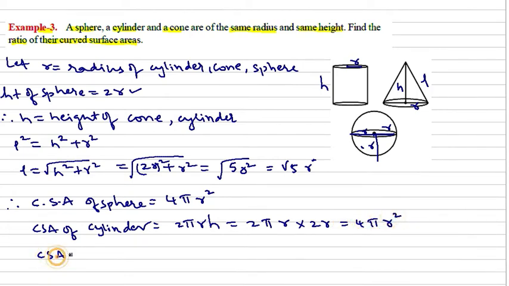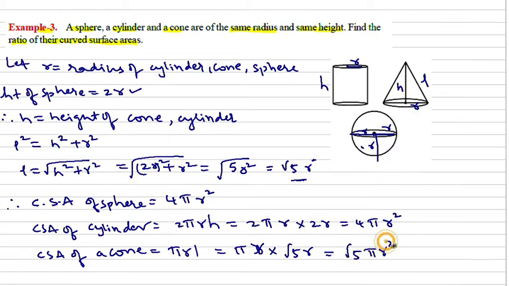Next, curved surface area of a cone is equal to pi r l. So pi r into slant height, which is root 5 r, is equal to root 5 pi r square.